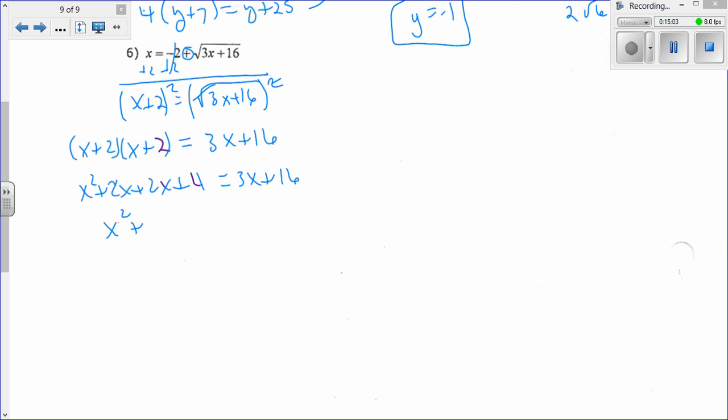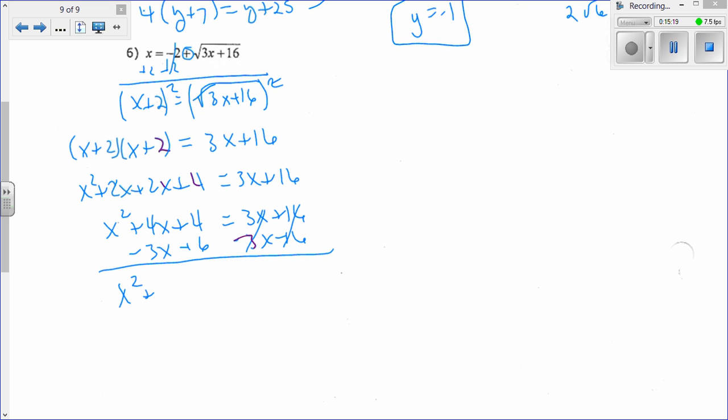So I have x squared plus 4x plus 4 equals 3x plus 16. So I need to get it equal to 0. So subtract 3x and subtract 16. So I have x squared plus x minus 12 equals 0.